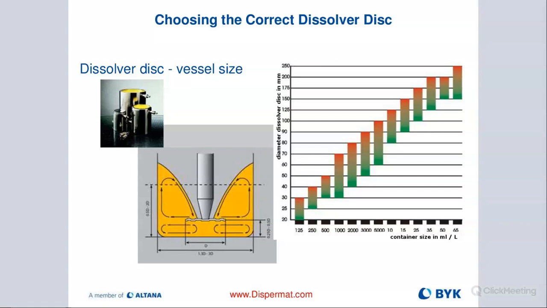The table on the right shows you what range you have to move to larger or smaller blades depending on the container size. So there's not one blade that fits just one container. You really have a range that you can use to dial in the proper blade diameter for your different applications.